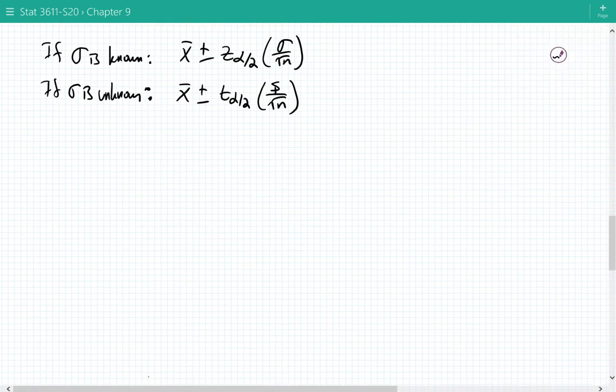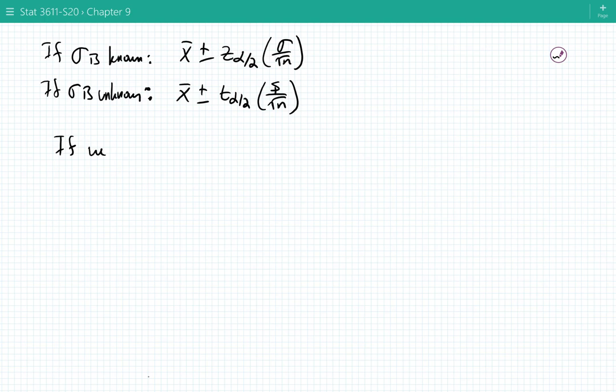Now, when we look at this, let's think about the following. If we hold the confidence percentage to be the same, say a 95% confidence interval, then z of alpha over 2 or t, whatever you have to use, is not changing.